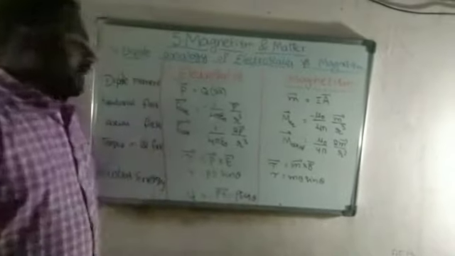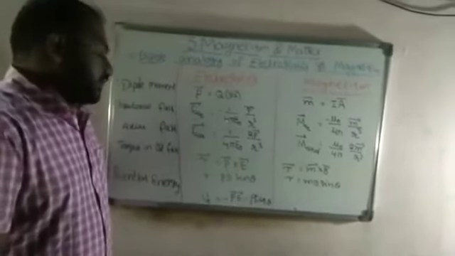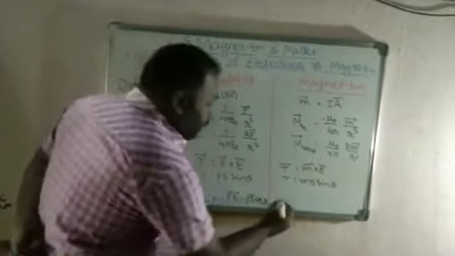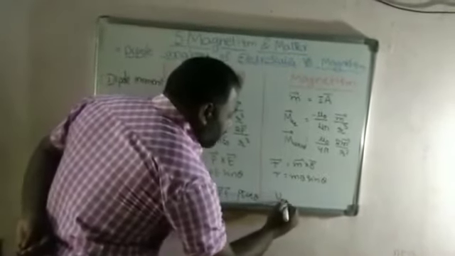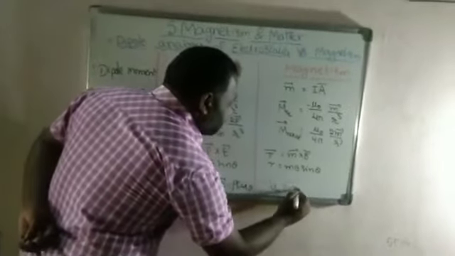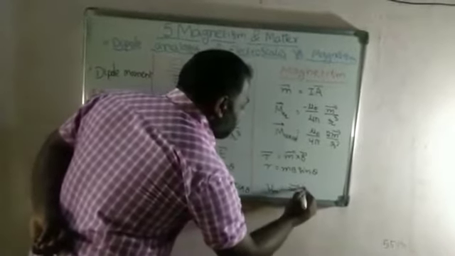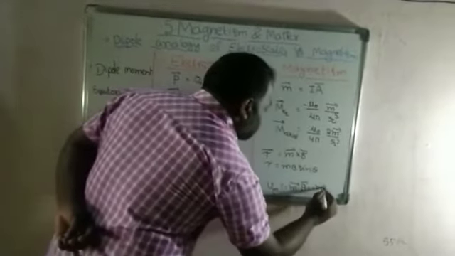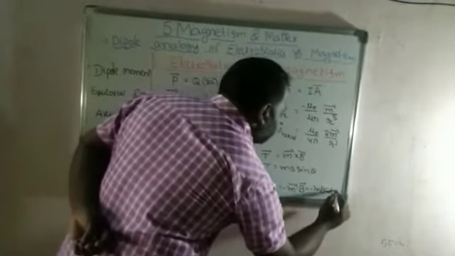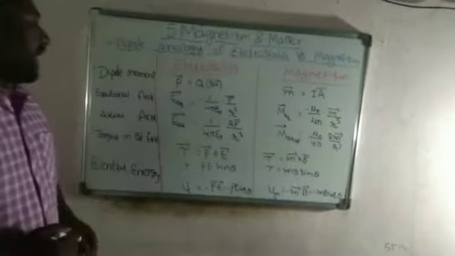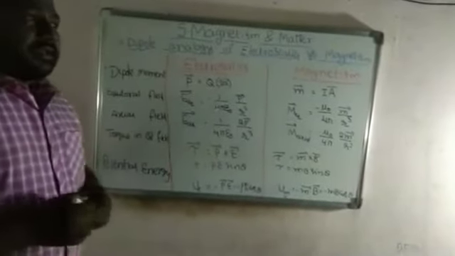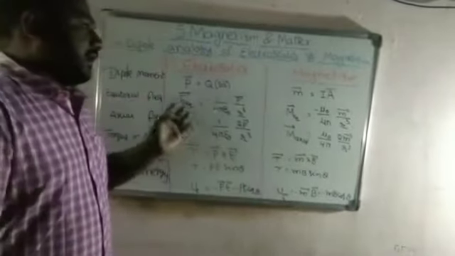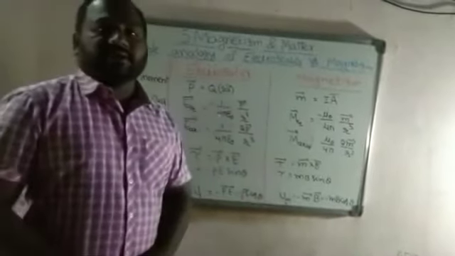This is the potential energy stored in a dipole when it is placed in an electric field. Now the magnetic potential energy, we derived, is minus m bar dot B bar, that is minus mB cos theta. Okay. So this is the analogy of the electric dipole and magnetic dipole in electric field and magnetic field.